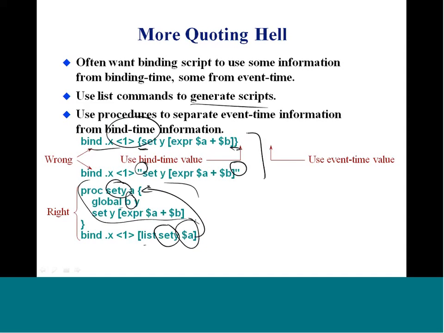The issue with this is that we are only getting one value, but we have all these 3 different values. This is coming from the event time, and this is the bind time that is happening here. So this is passed through the event. So we don't have any control as to what the $B is going to be.